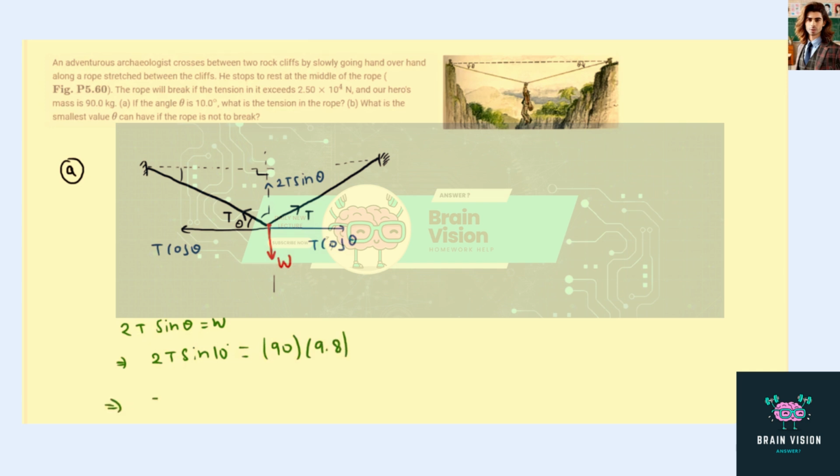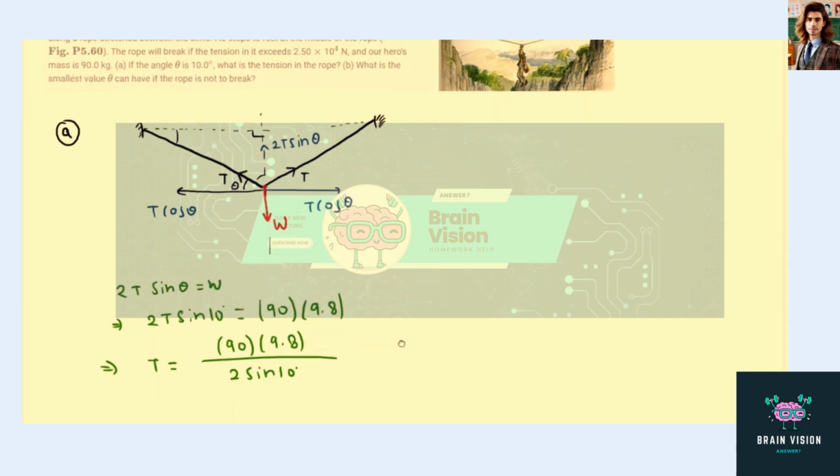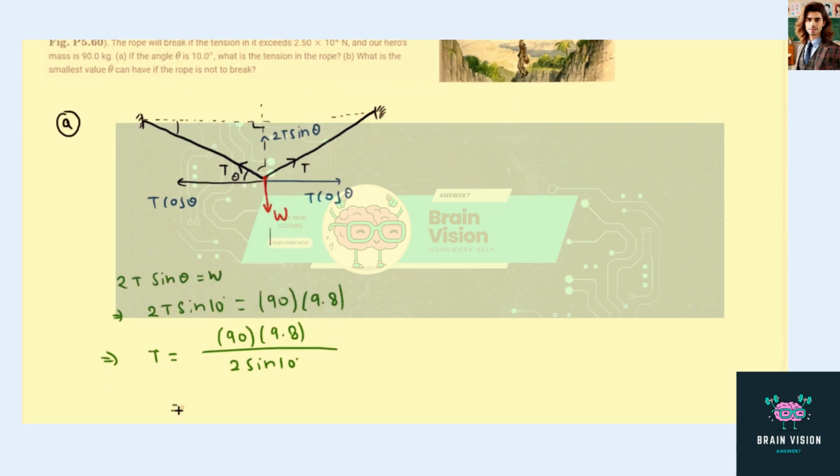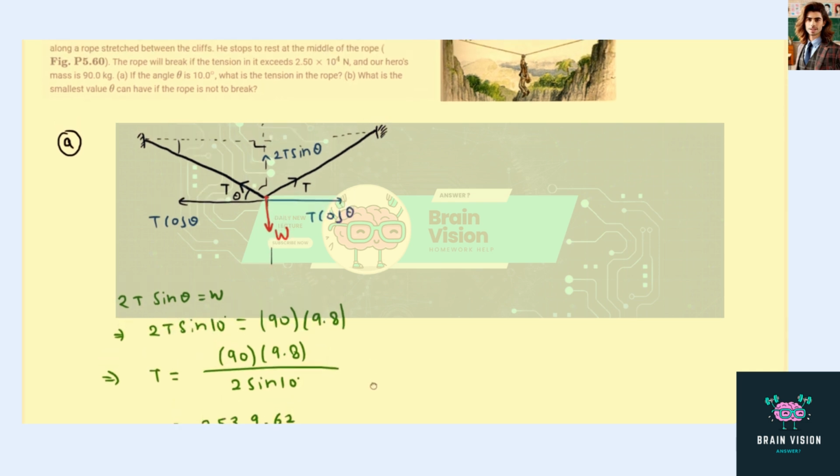So from here we can get the value of T as 90 times 9.8 over 2 sine 10 degrees. So that's going to be 2539.62.